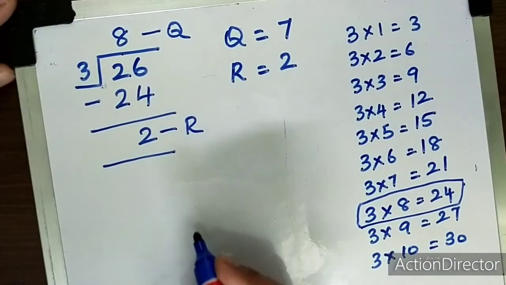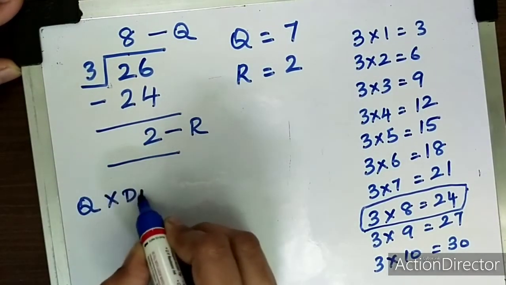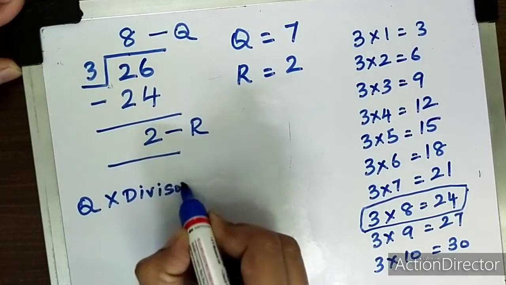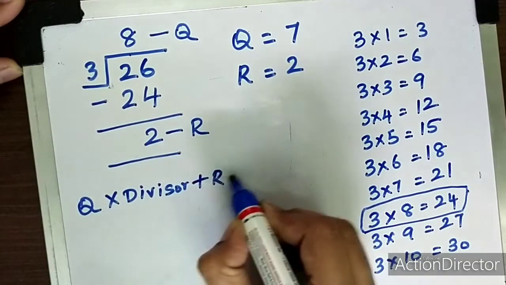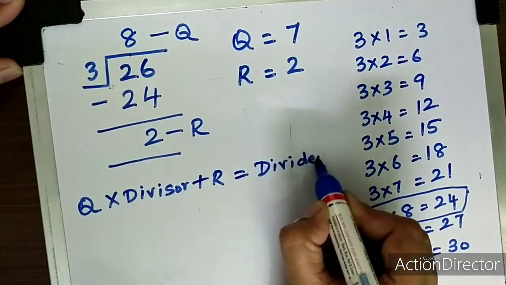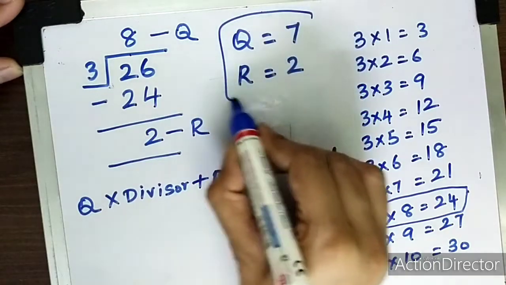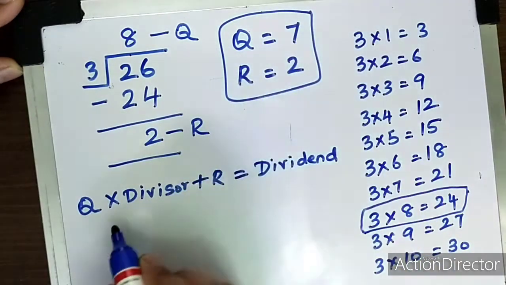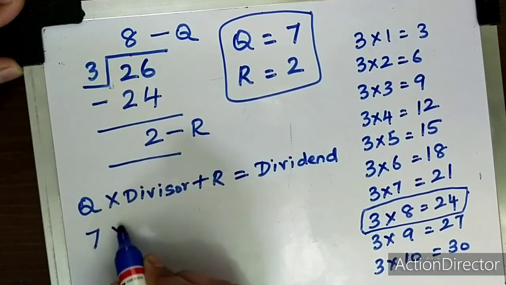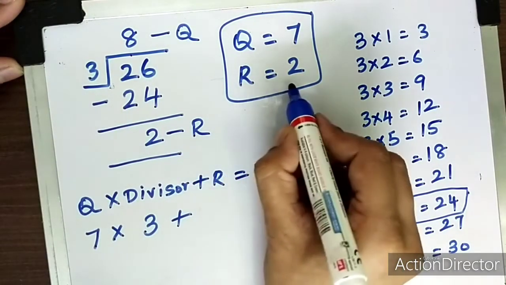So what is the formula? Quotient into divisor plus remainder is equal to dividend. What is the quotient they gave in the question?